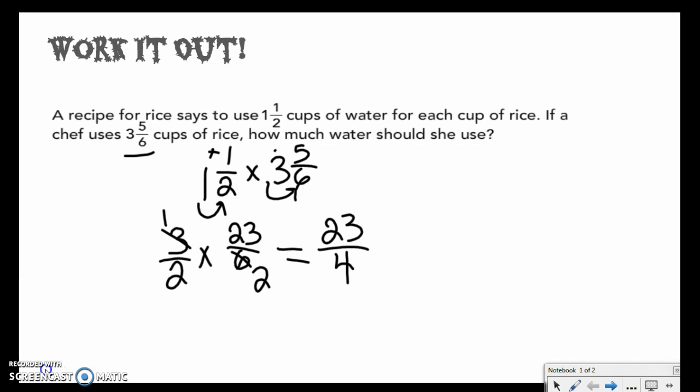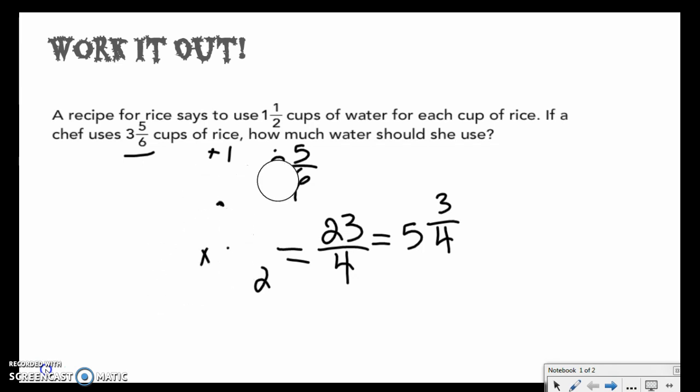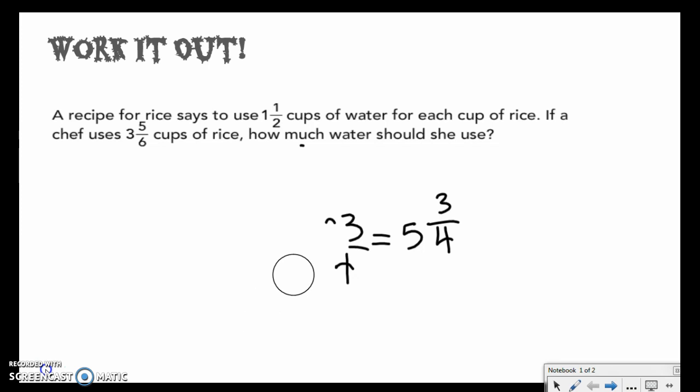We are not done. 4 will go into 23. It will not go into it evenly, but it will go into 20 evenly, and that will be 5 times. 4 times 5 is 20. Then you have 3 left over, and your denominator stays the same. Okay? Let's clear this all.